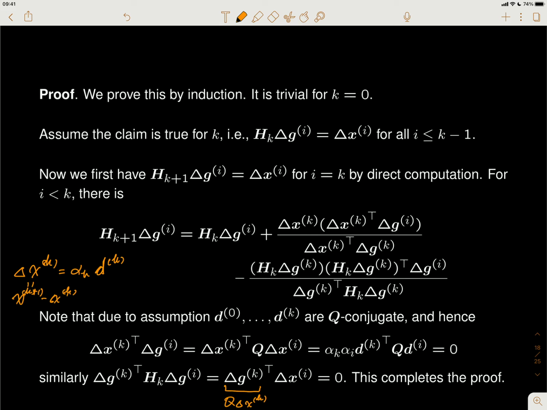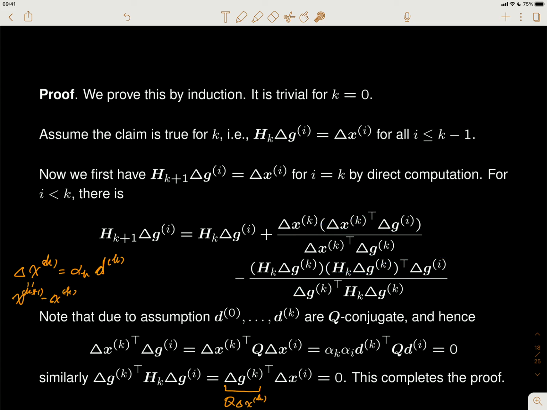If you have this, you can see this term is nothing but delta x_k transpose Q delta x_i, and that is the same thing here, and that is supposed to be 0. So that means this term will be equal to 0 as well. So this is 0, this is 0, so these two terms are just gone.